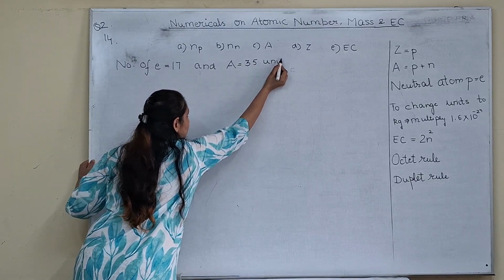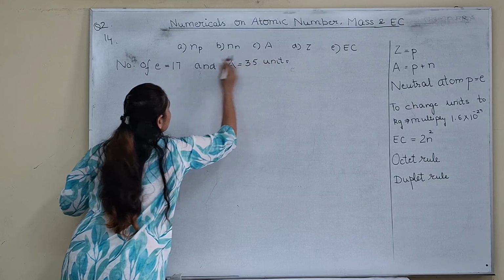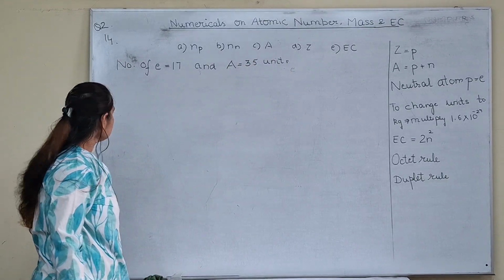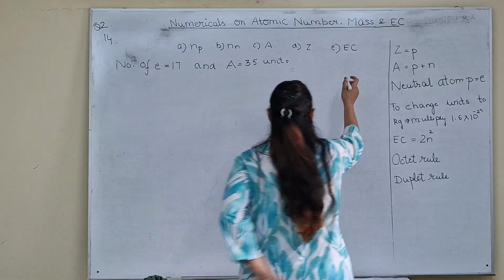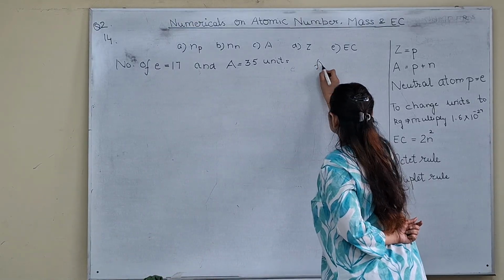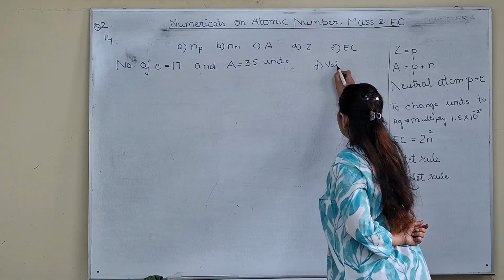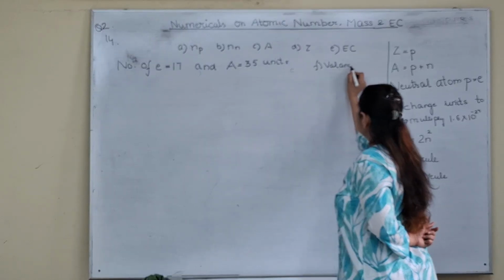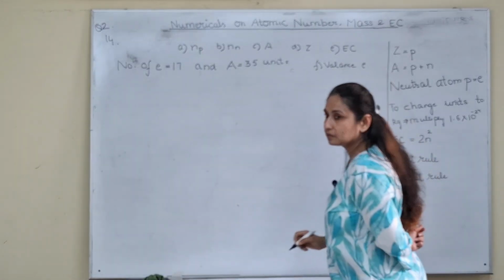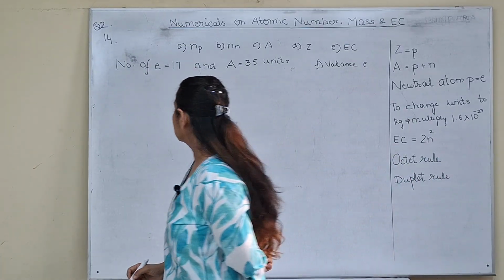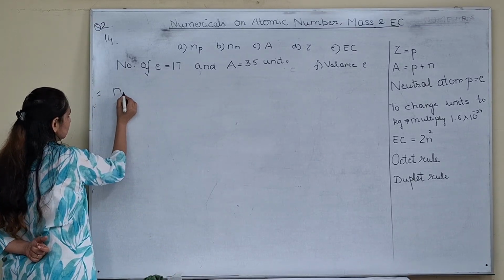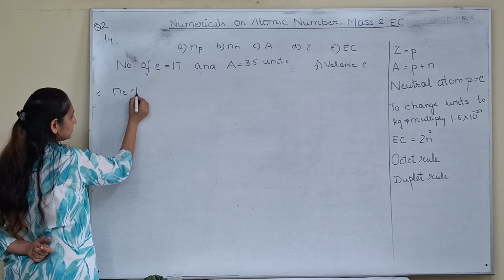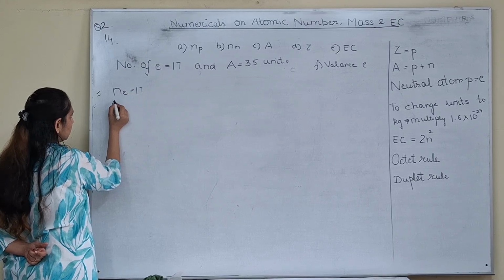This is the information given and you have to find all these things. Oh, I rubbed the valence shells. You have to find that also: the number of valence electrons. Good. So what do we have? We have the number of electrons and we have the atomic mass.